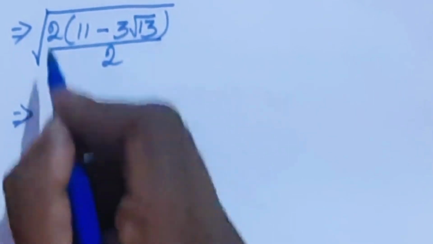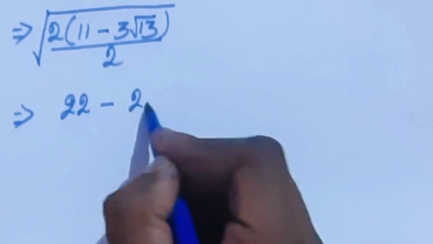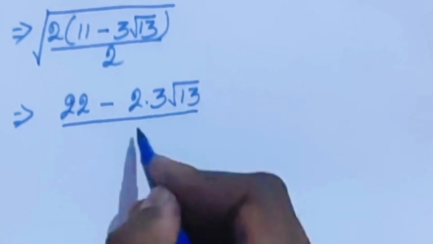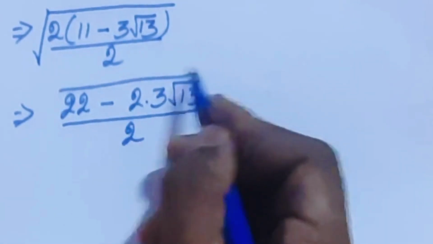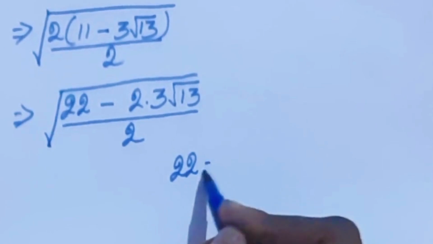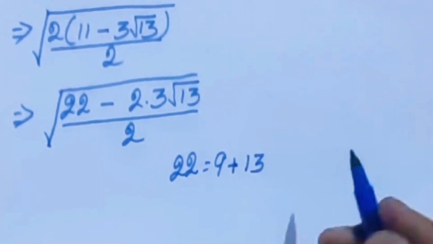Now we are going to multiply this 2 here. 2 times 11 is 22 minus 2 times 3 square root of 13, whole divided by 2, in whole square root. Now this 22 can be written as 9 plus 13.